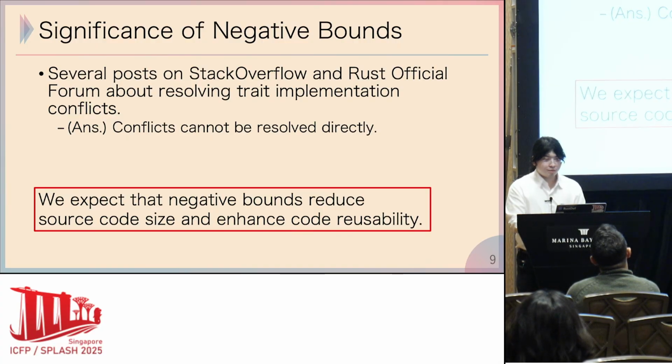The suggested fixes in these posts often involve abandoning the use of traits or type parameters, which reduces code reusability. We expected that introducing negative bounds into the Rust language would reduce source code size and enhance method reusability.